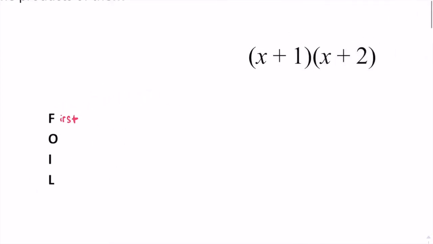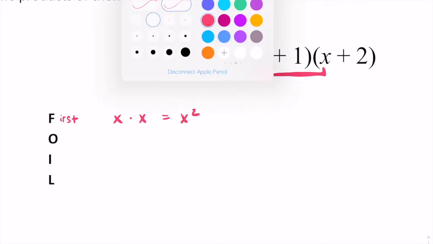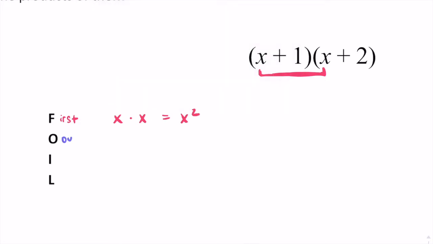So here's what you do. You multiply your first terms together. I'll do this in red so you see my first terms. In each of my binomials, my first term is x. So I do x times x, and you get x squared. Next one, outer.